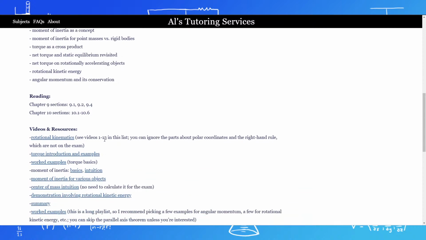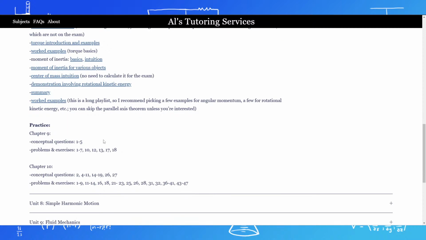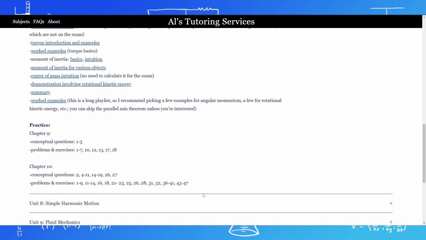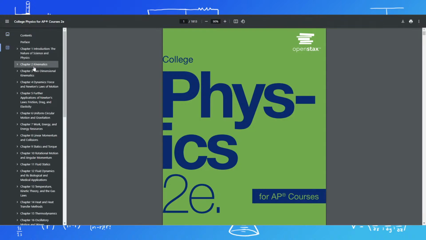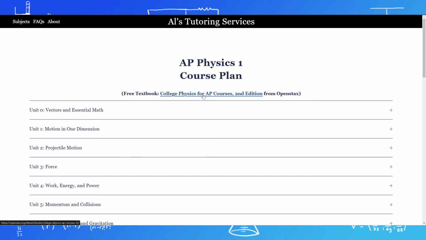Let's see, so chapter 9 and 10. I think chapter 9 was the one that had the rotational kinematics questions. Let me check. And again, if you don't have this book, it's linked at the very top, right over here.